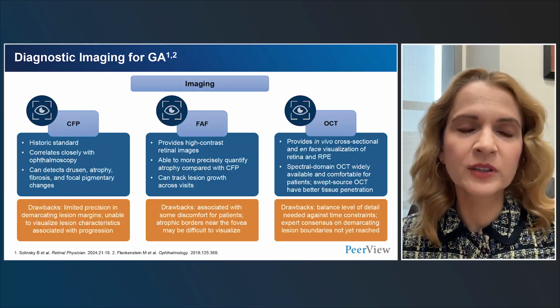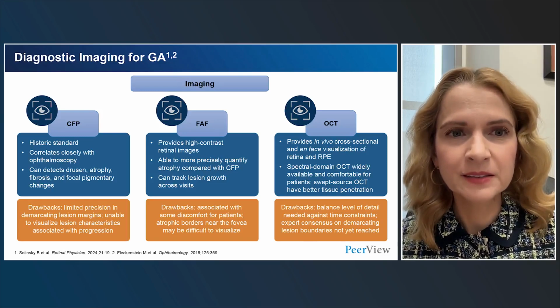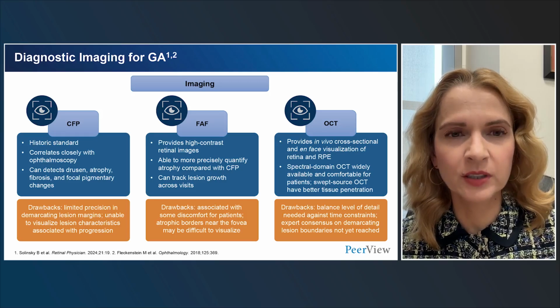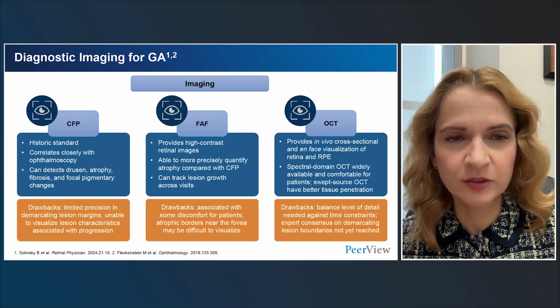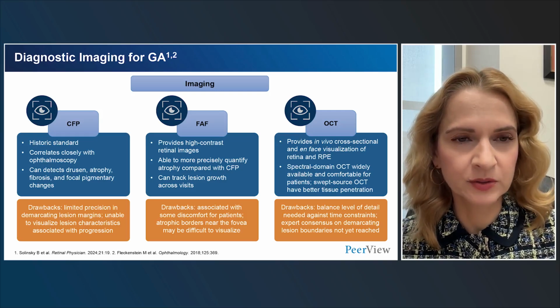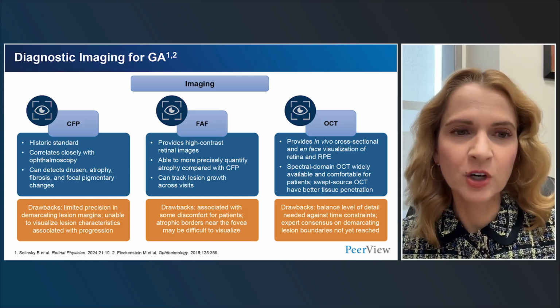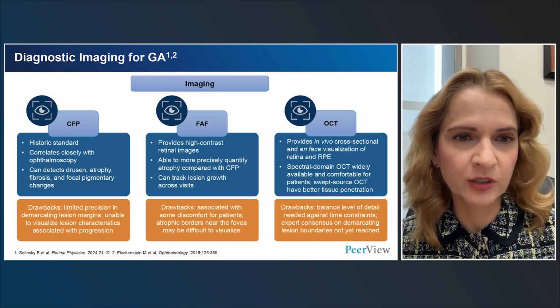Going into a little more depth on diagnostic imaging for geographic atrophy, this is how we would use color fundus photography, again, the historic gold standard. This correlates closely with ophthalmoscopy. It can detect drusen, atrophy, fibrosis, and focal pigmentary changes based on appearance. The drawbacks, however, are limited precision in demarcating lesion margins of geographic atrophy.